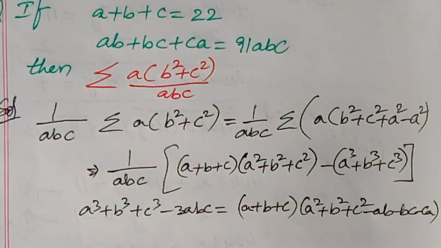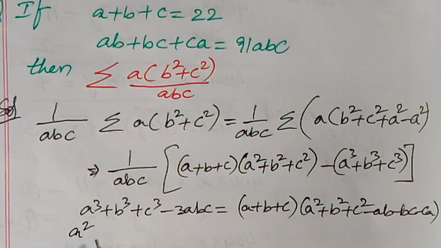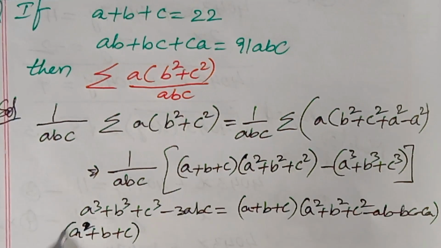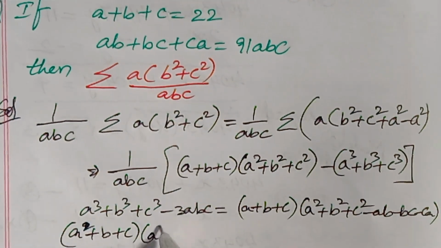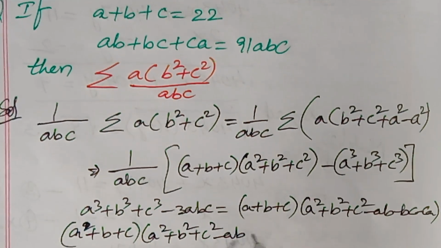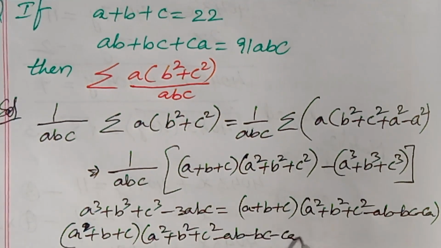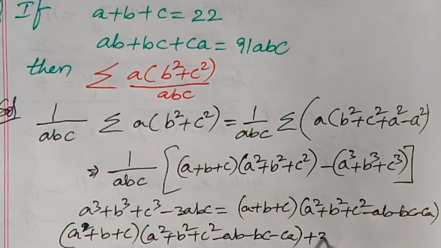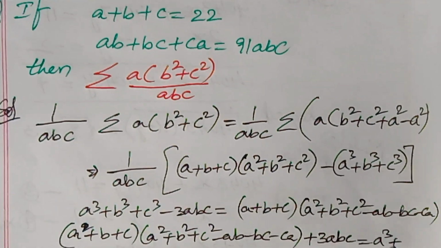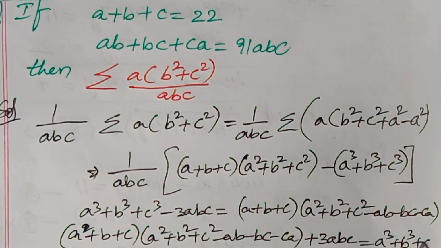So here you can write (a plus b plus c) into (a square plus b square plus c square minus ab minus bc minus ca) plus 3abc is equal to a cube plus b cube plus c cube.